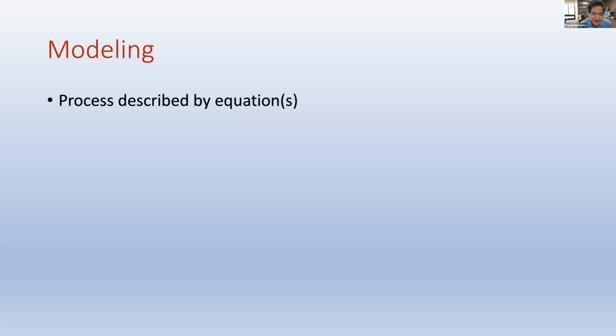So we should not confuse that. Here the importance is how we can do mathematical modeling, essentially by using some computer program or software.